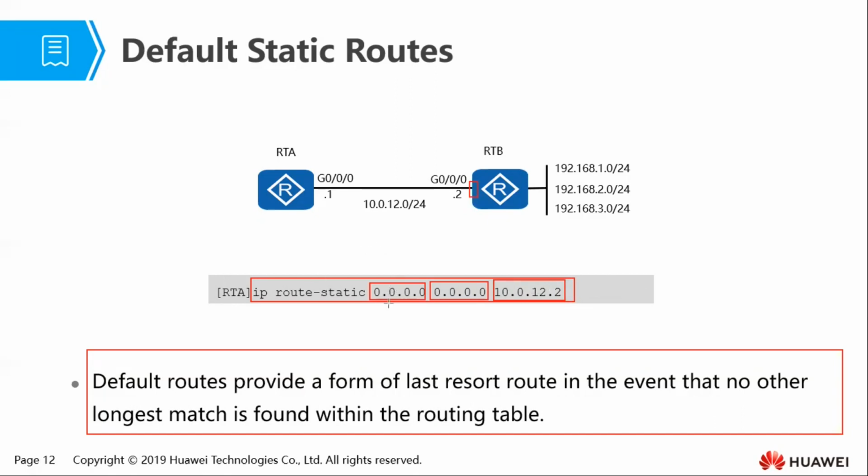Now, can someone remind me, when we were looking at the IP address topic, what did we call the very first address on the IP address range? What did we call it? Network address? Not really. This one, 0.0.0.0.